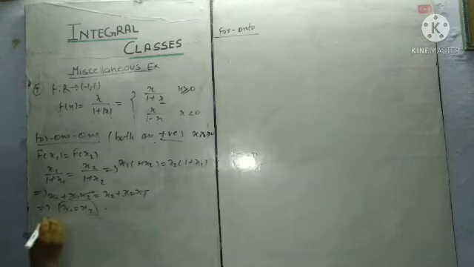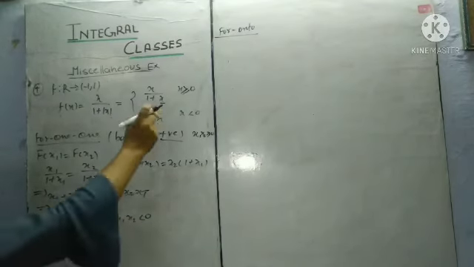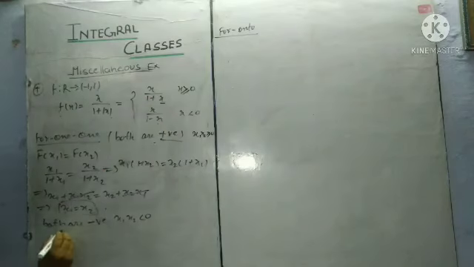Now the other side, both are negative. We will consider x1 and x2 both less than 0. So we will take the second condition: x1/(1 - x1) = x2/(1 - x2).